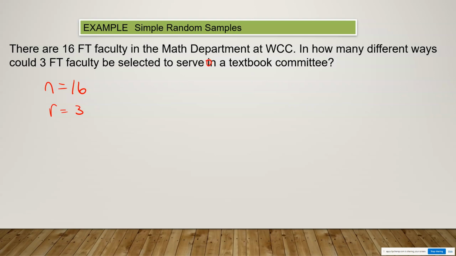You just have to ask yourself, does the order of selection matter here? If I'm selected first or third, am I still on the committee? Yeah. So the order of selection is not important here. I have 16 faculty and I want to choose 3 of them to serve on the committee.